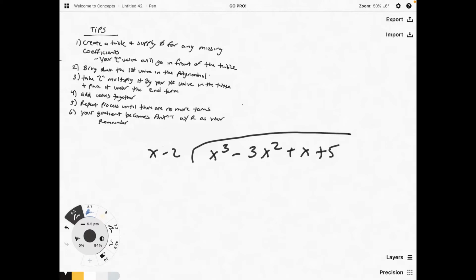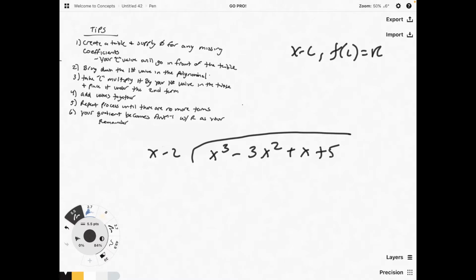Okay, let's look at our first example. We're going to use an example that we used previously in the video, and that's x cubed minus 3x squared plus x plus 5, and we're going to divide that by x minus 2. Recall from our rule that if we have x minus c, then f of c is going to be equal to our remainder.